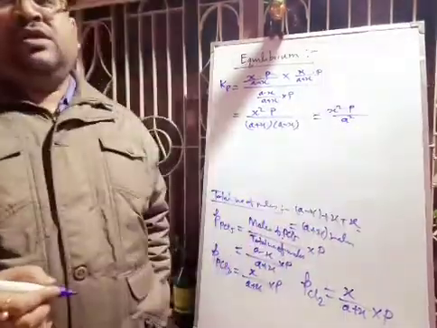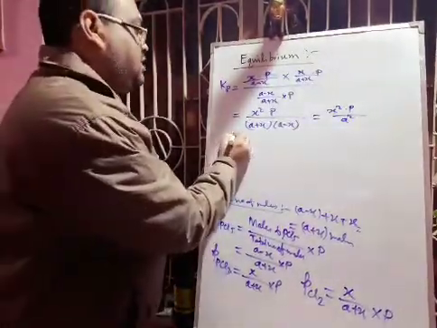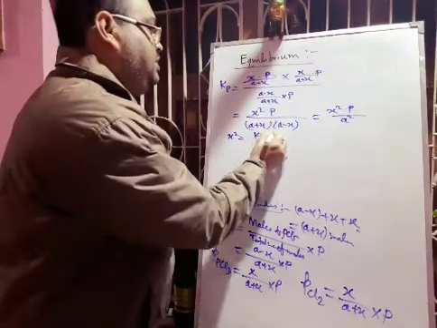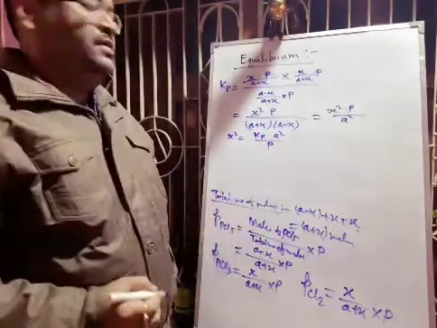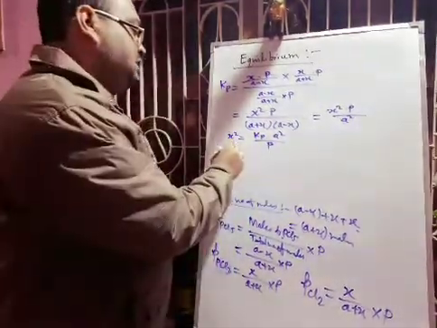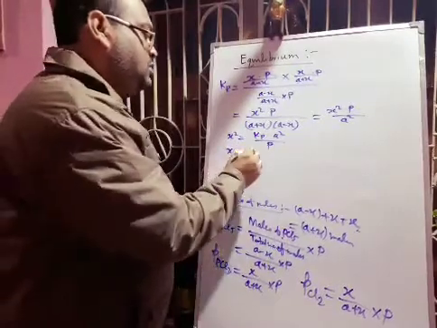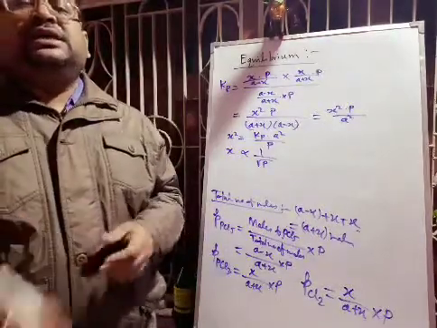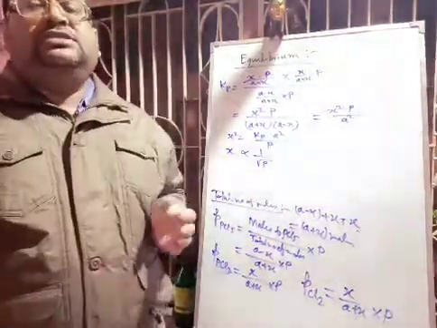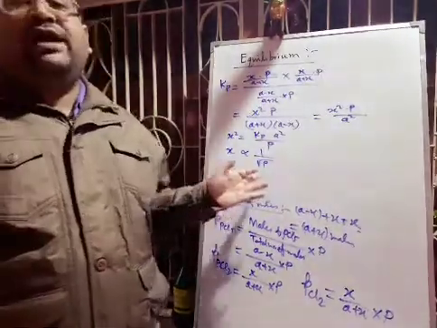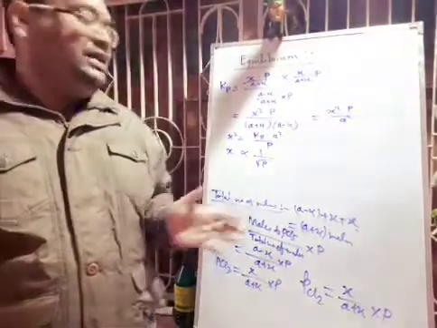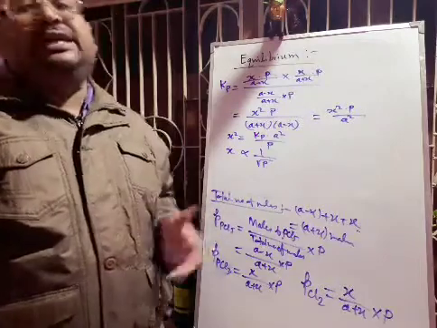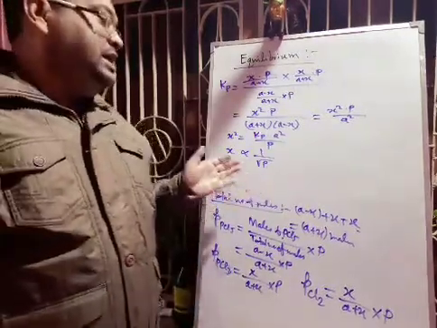So x square is equal to Kp into A square divided by P, so x is proportional to 1 by root over P. Thus the degree of dissociation is inversely proportional to the square root of the pressure, or we can say dissociation of PCl5 will increase with the decrease in pressure.